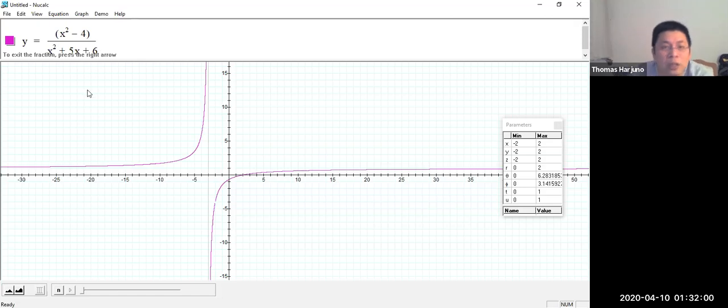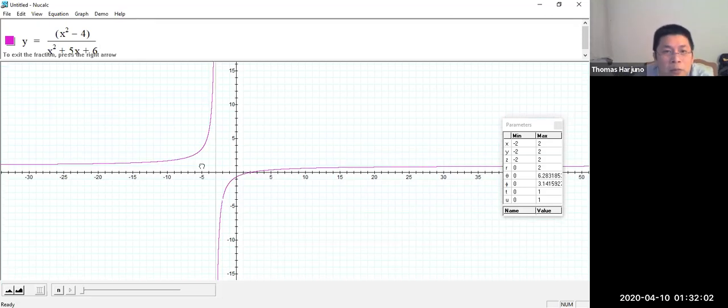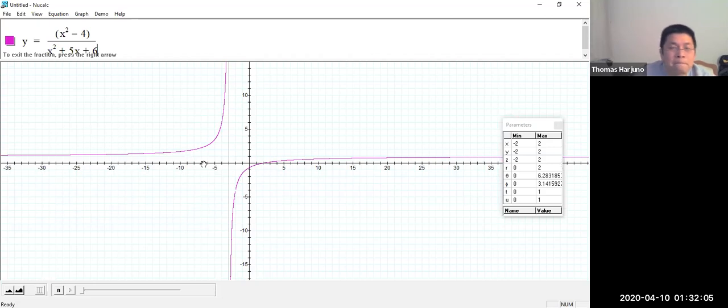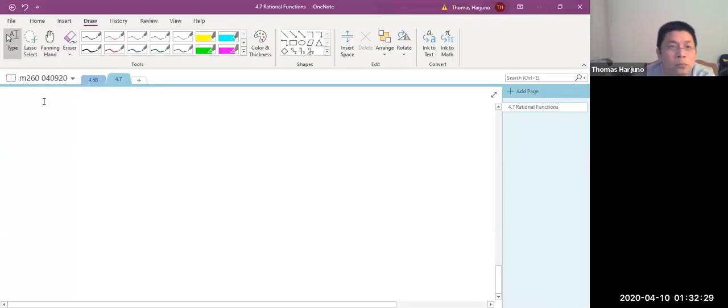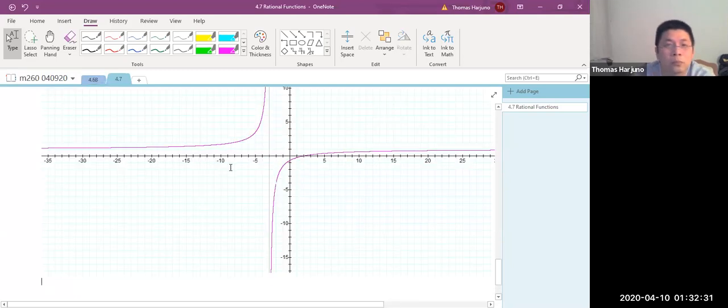Now, this is what the graph looks like. This is what the graph of R(x) looks like. Let me copy paste this into our notes.